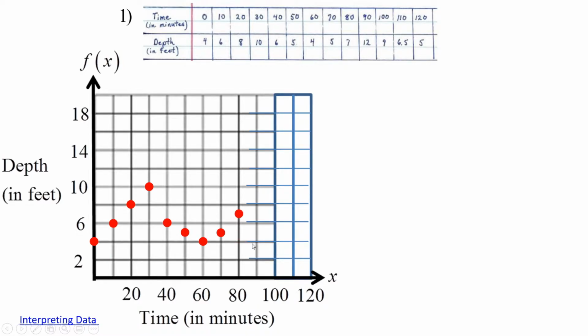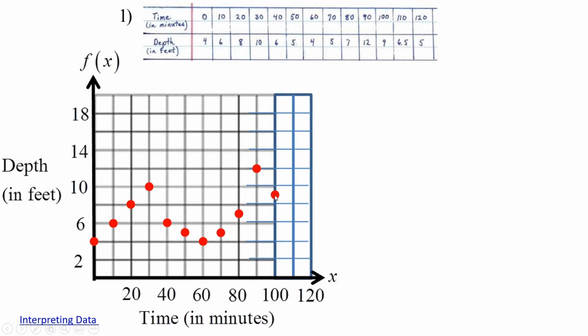And at the 90-minute mark, I'm at 12 feet deep. The river's getting deep. 12 feet right there. And then at the 100-minute mark, I'm back down to 9 feet. So 2, 4, 6, 8, 9 feet, about right there.